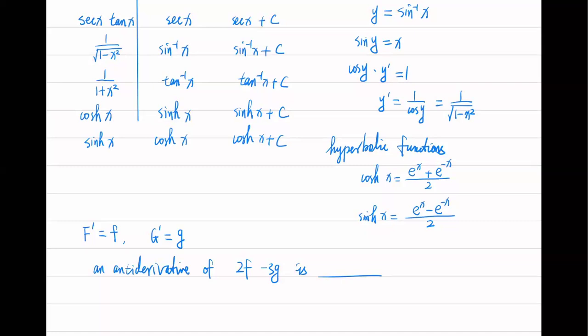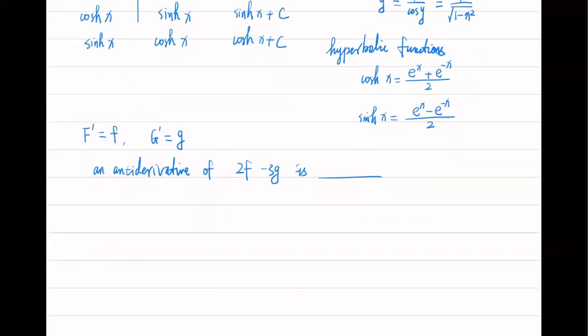Louder. So what's the condition we know? We know that the antiderivative of f is capital F. We know the antiderivative of g is capital G. Could you represent the antiderivatives using capital F and capital G? Let's make it more precise.